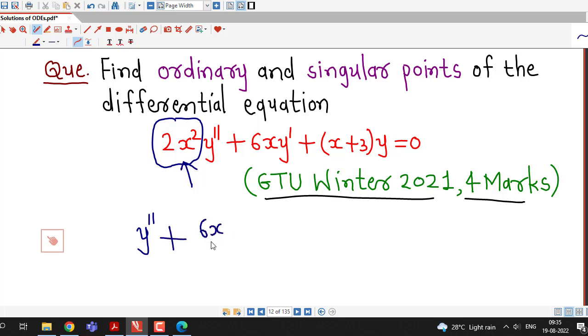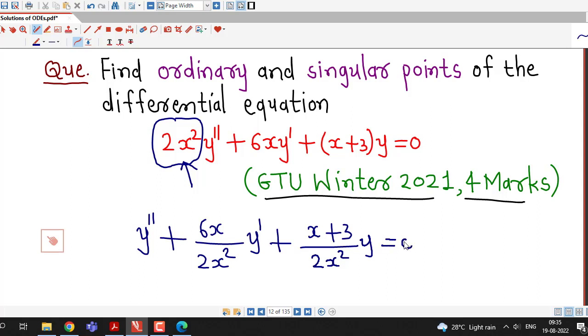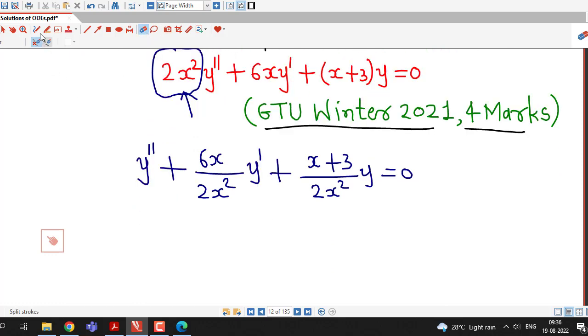So we have 6x divided by 2x² times y′ plus (x+3) divided by 2x² times y equal to 0, and here 6x divided by 2x², that we can rewrite by cancelling common factors.